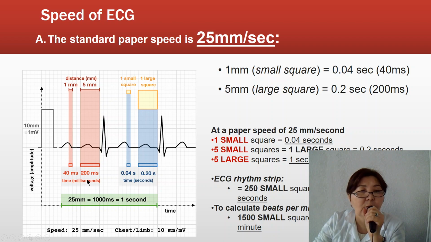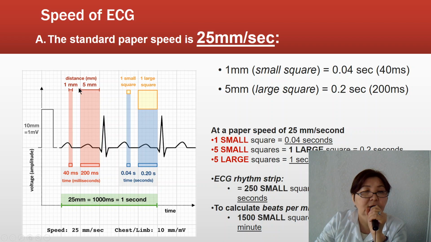It means 1 millimeter, or one small square, equals 0.04 second or 40 milliseconds. 5 millimeters, or one large square, equals 0.2 second or 200 milliseconds.